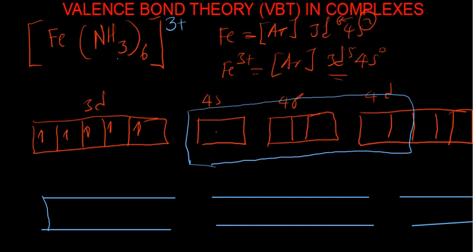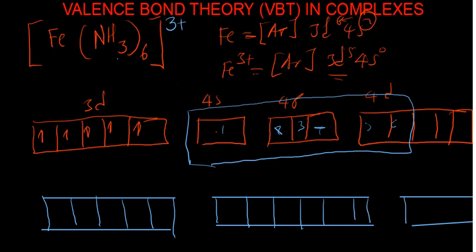So these are still the 5 of them. 1, 2, 3, 4, and 5. And then these are now 6. We've got 1 here, 2, 3, 4, 5, and 6. Why are they 6? Because we are reacting with them 6 ligands. And then we've just remained with 3 that side, so there are 3 here.